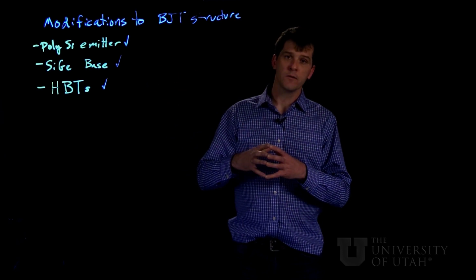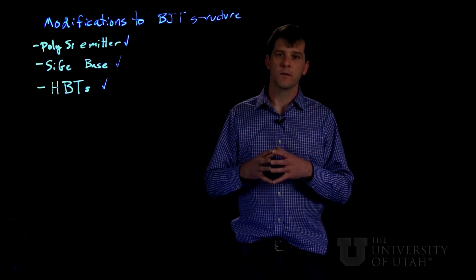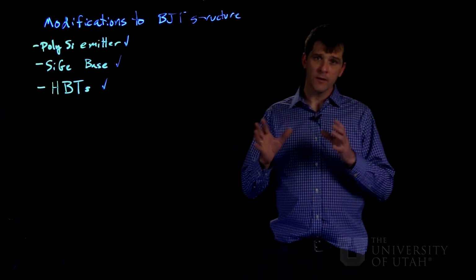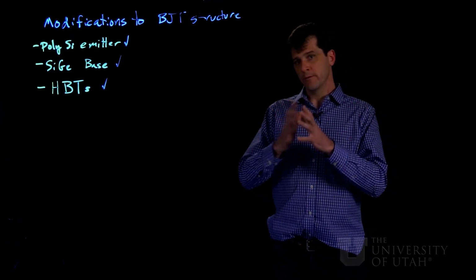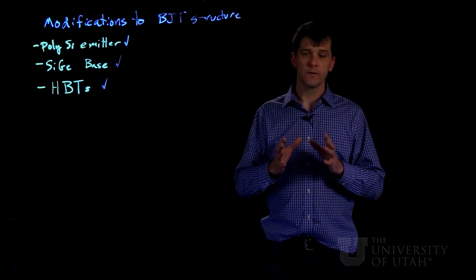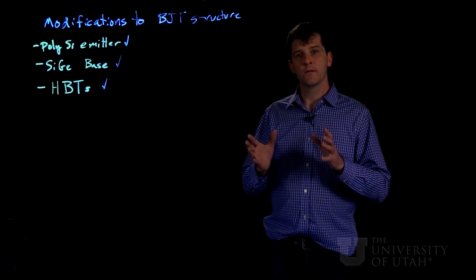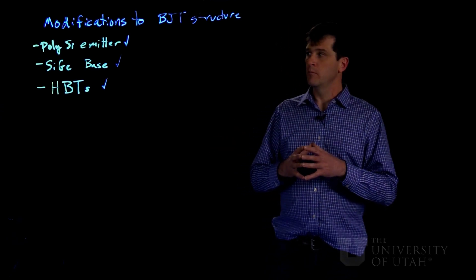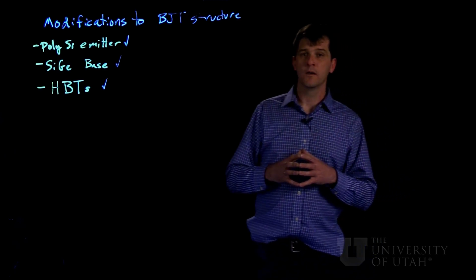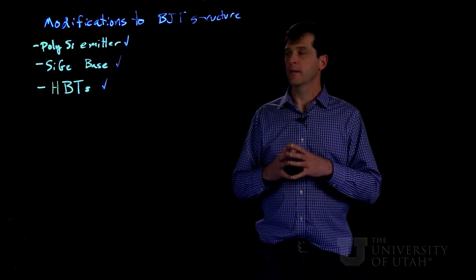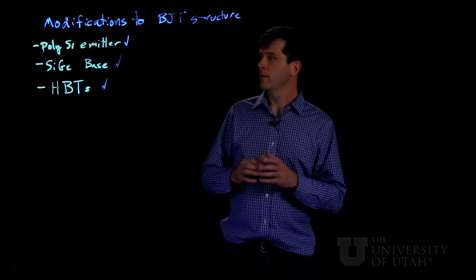the addition of a low mobility, low minority lifetime layer on purpose, but removed from the interface with the base, can actually realize gain enhancement because it decreases the slope of the minority carrier curve inside the emitter.